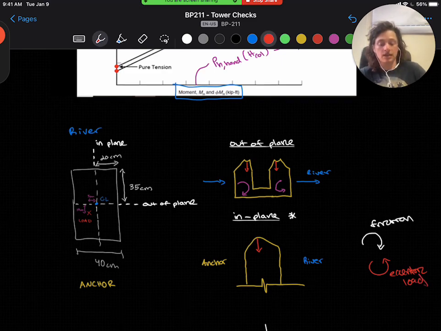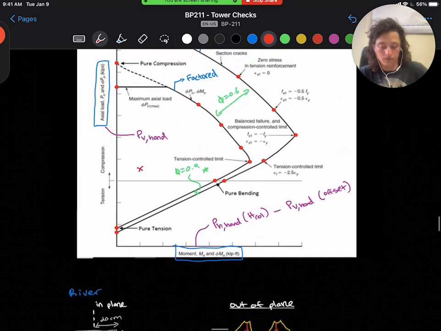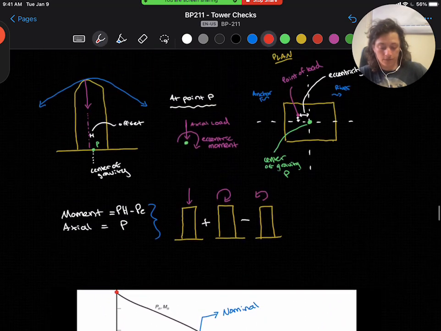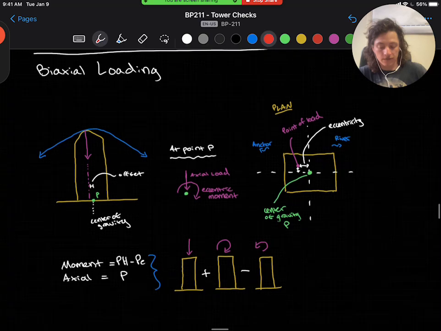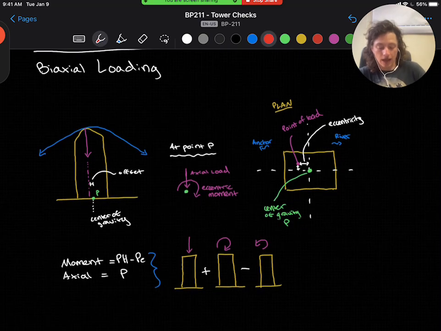That is going to be acting against it. I'll pop up here for you, where I've drawn this again, showing how they combine. We have our moment PH minus PE and our axial load of P, and they're going to combine as such.